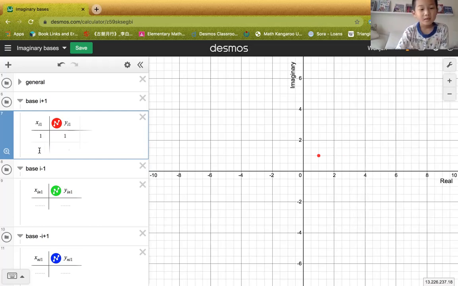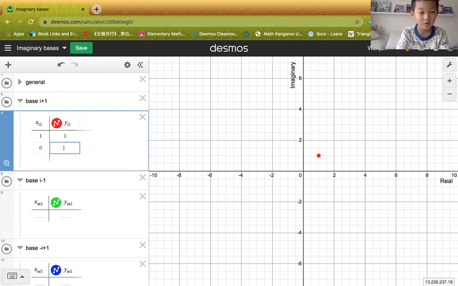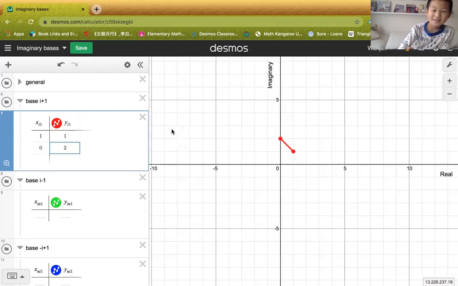Yay. So now when we square it, somehow something very weird happens. It turns into 2i. So that means no more, twice it. This is going counterclockwise.